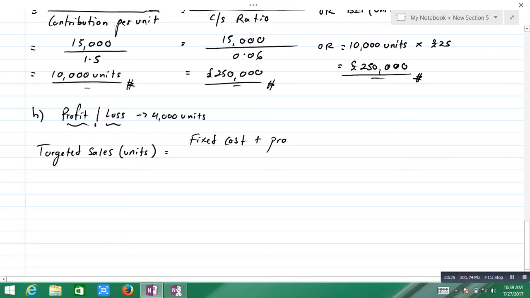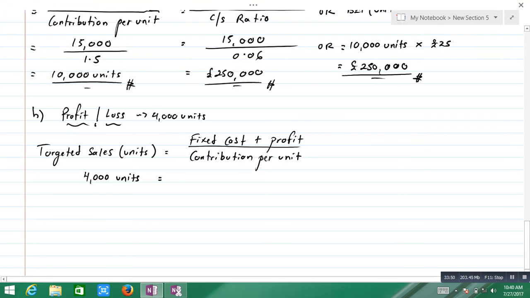Fixed cost is 15,000 and we need to find this profit. I just put it as a P, and our contribution per unit is 1.5. Okay, now what we're going to do here is from the denominator, we're going to times.